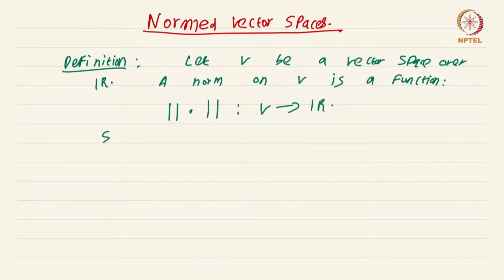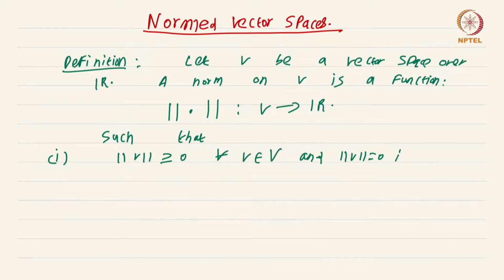So we have this function norm from V to R such that first property, which is positivity: norm V is greater than or equal to 0 for all V in V, and norm V equal to 0 if and only if V is 0. This is somewhat intuitive.